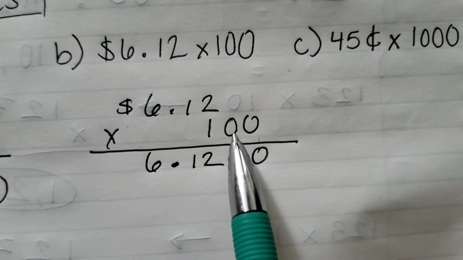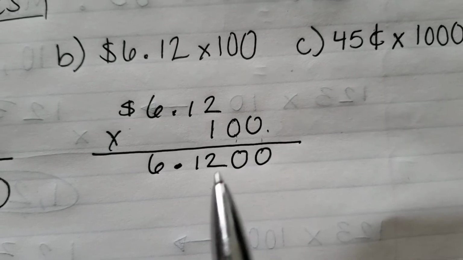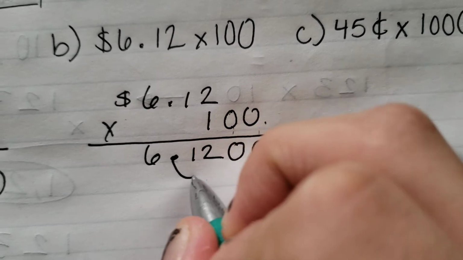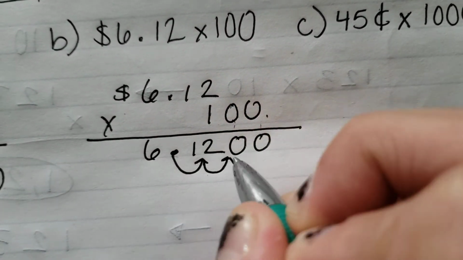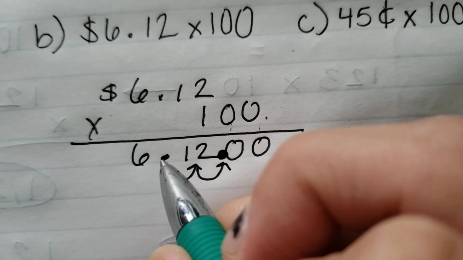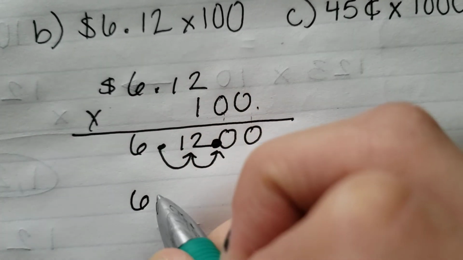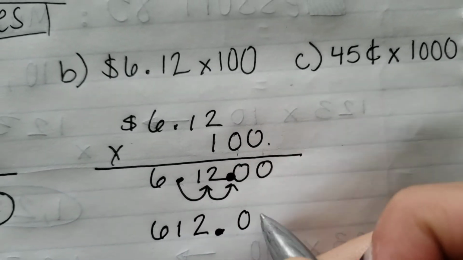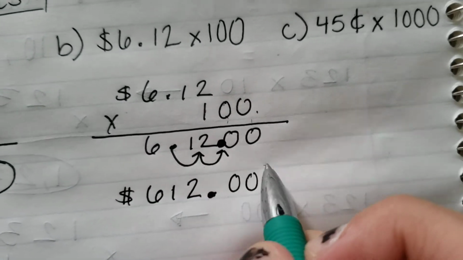But I had 2 zeros over here, so I'm going to move my decimal point to the right 1, 2. So my decimal point should be here now instead of right here. So if I rewrite my answer, it should be 612, decimal point after the 2, and $ sign for my label.